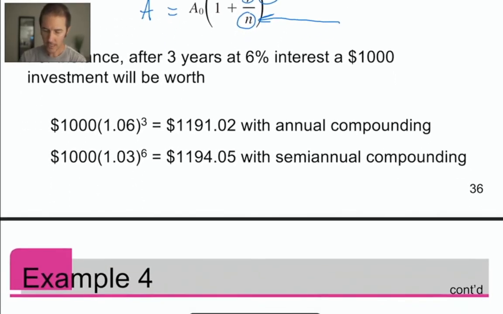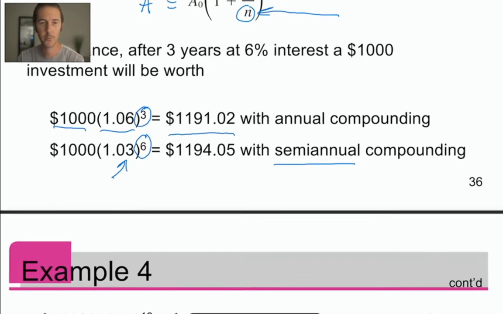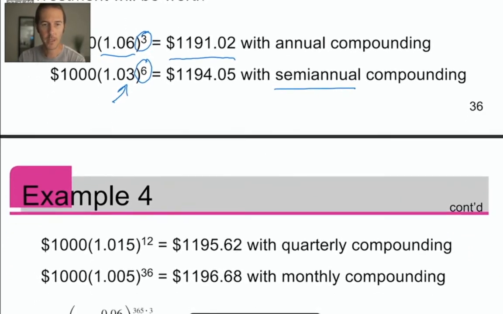So if you compound annually $1,000 at 6% interest for 3 years, you get a final amount of $1,191.02. If you compound twice a year, semi-annually, half the interest, see that says 0.03 instead of 0.06, but twice as many compoundings, not twice as many years, it's just twice as many compoundings because you're getting 2 compoundings per year, then you end up with more money at the end.